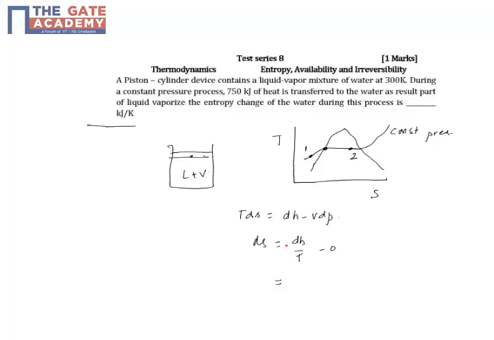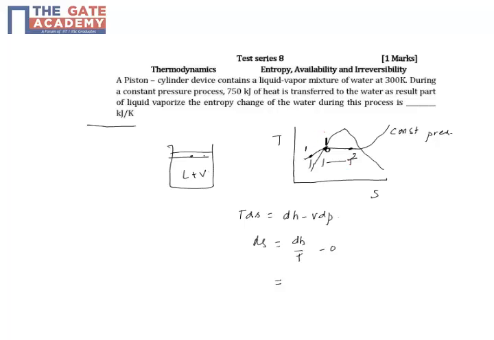Now this problem we can only solve assuming that you have the mixture, you have it here, as the initial state. Because if you go from here to here, you cannot solve it, since the temperature will change and you would have to separately calculate the entropy change for this part and for that part.